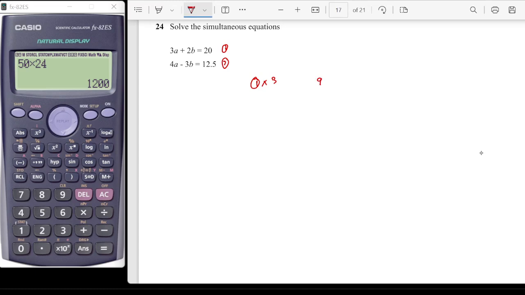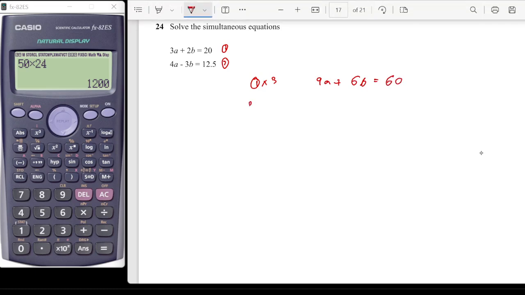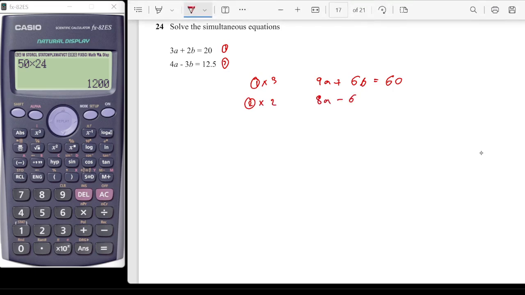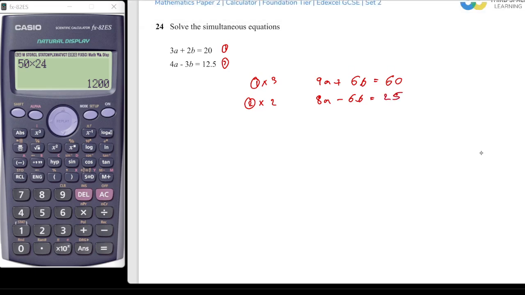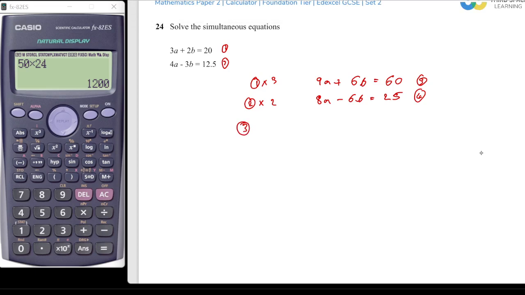That would give me 9a plus 6b is equal to 60. And I'm going to take equation 2 and multiply that by 2. And that would give me 8a minus 6b is going to be equal to 25. I'm going to call that equation 3 and equation 4. And I'm going to add them together because that will cancel out my b's.